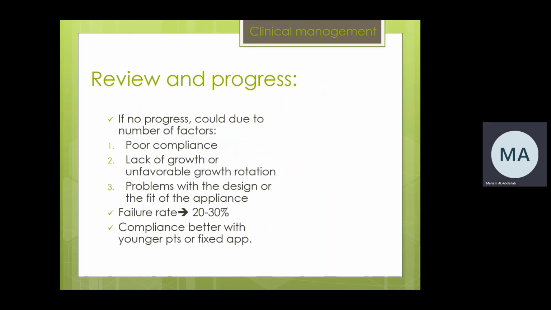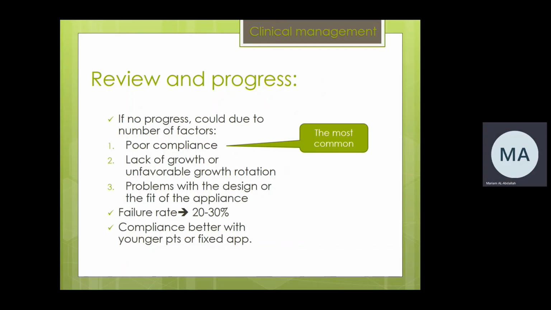If there is no progress, that means the patient is not wearing his appliance, because although this appliance is not great at modifying growth, there will be some dental effects at least. There's 73% of overjet reduction that is dental. So if there is no progress whatsoever, that mainly means the patient is not wearing his appliance. Maybe there is lack of growth or unfavorable growth rotation, but still, at least we will have some dental effect, as we said.